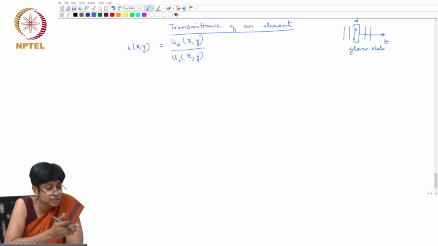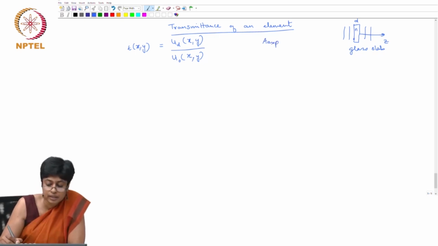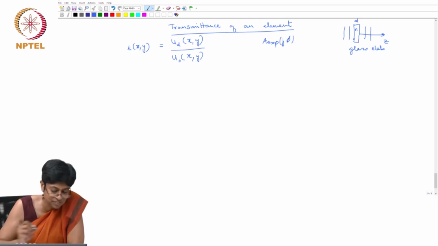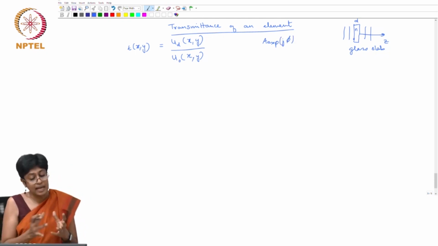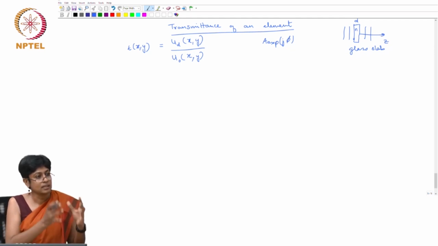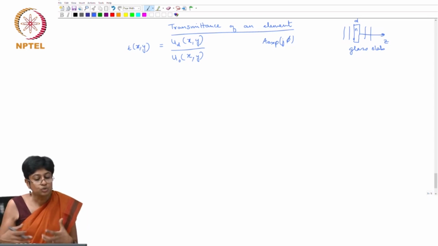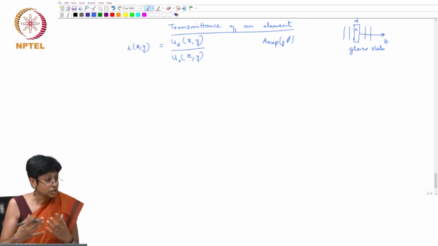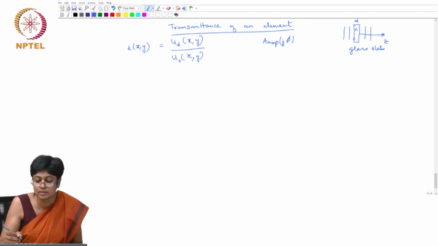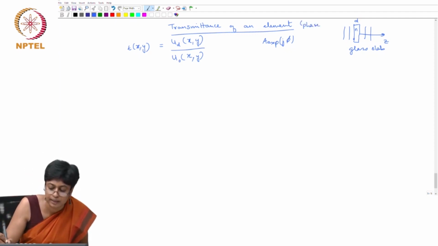What does change as the wave travels through the element? The phase changes, okay? And by taking the ratio of the fields, remember the fields are always A exponential j phi, and I'm saying amplitude doesn't change. So there is some j phi before and then there is a new phase after. So really I'm just taking the new phase after as my transmittance. Okay, so I could consider this to be a phase element. There's no change in amplitude.